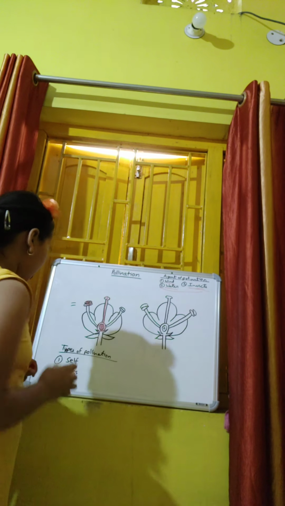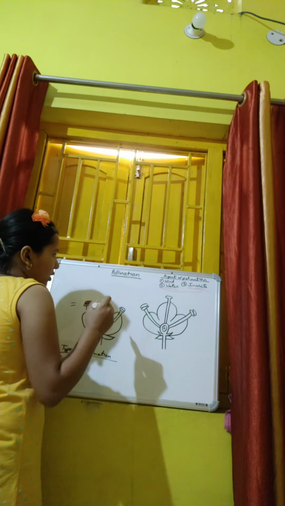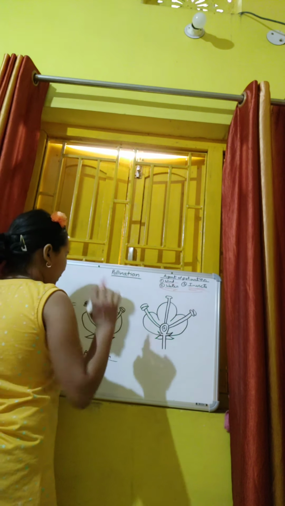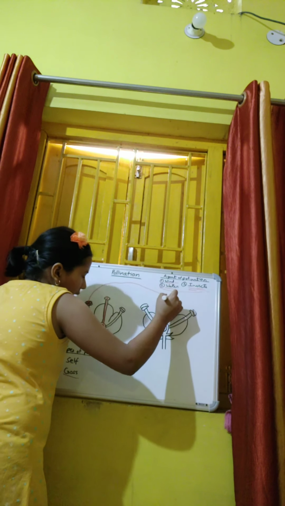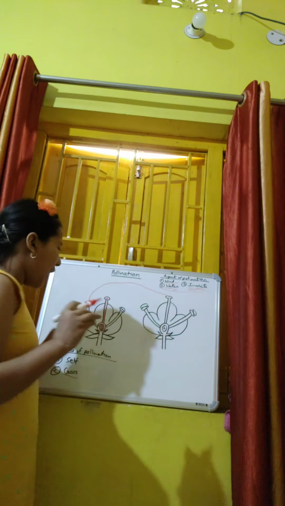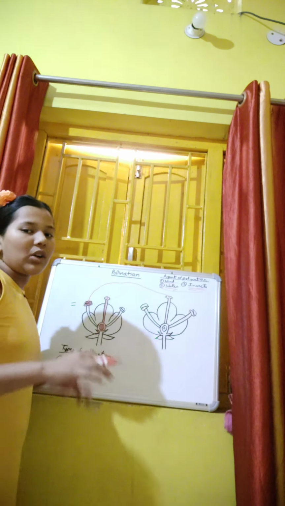Now cross-pollination. In cross-pollination, here are the pollen grains. Now in cross-pollination also any of these can help. Here now wind will help. Okay. So the pollen grains from here will go to another flower's stigma. But in cross-pollination, the flower would be of the same species but on another plant.